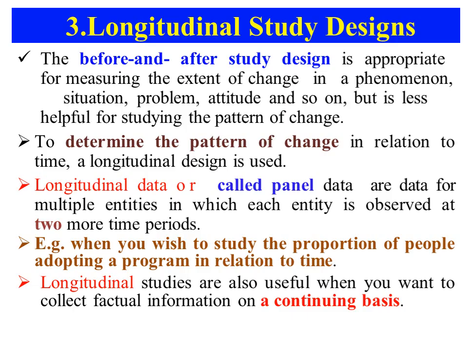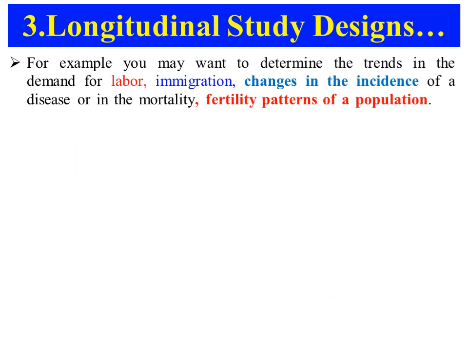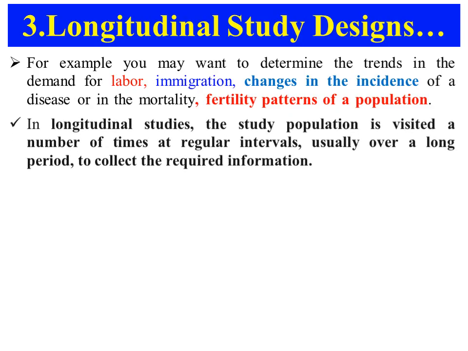Longitudinal or panel studies are also useful when you want to collect factual information on a continuing basis. For example, you may want to determine the trends in the demand for labor, migration, changes in incidence of diseases, or the mortality and fertility patterns of the population.